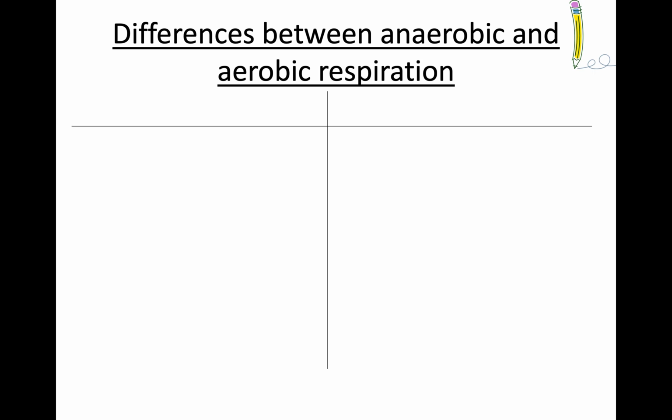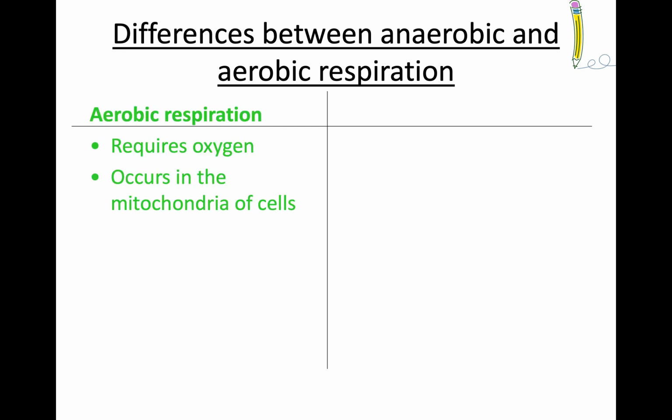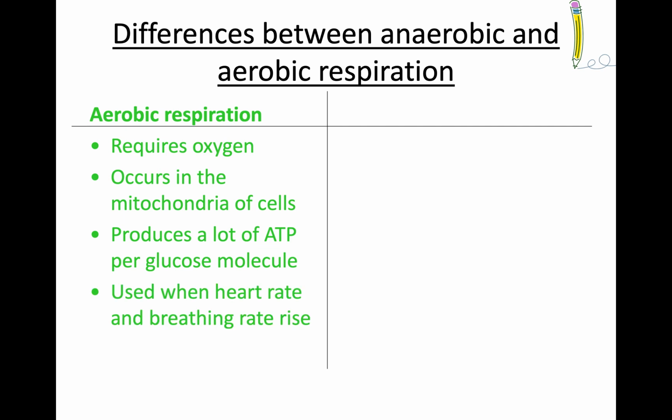Okay. Main differences: aerobic requires oxygen, occurs in the mitochondria of the cells, and produces a lot of ATP, adenosine triphosphate. It is used when heart rate and breathing rate rises.